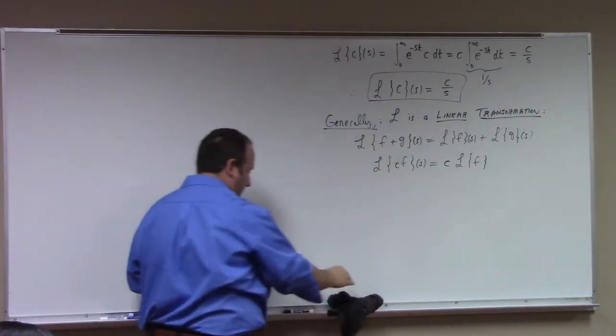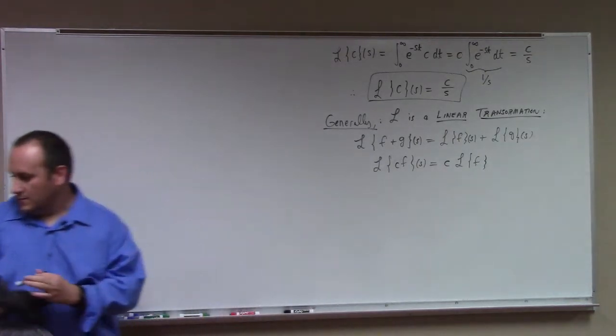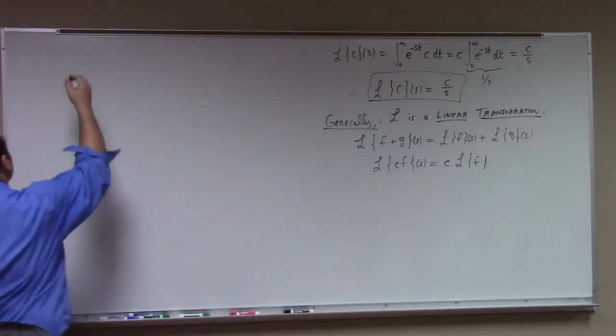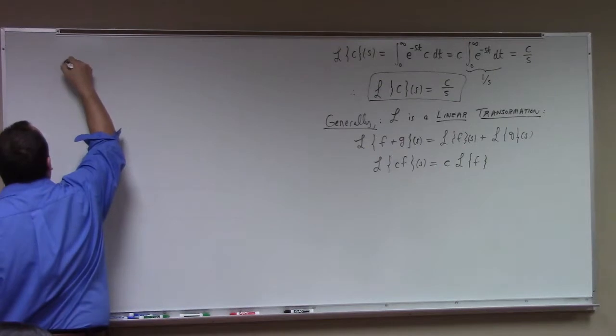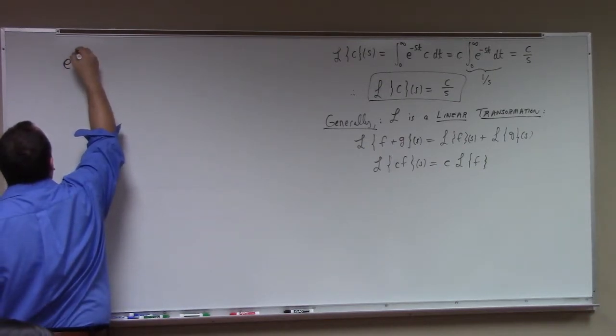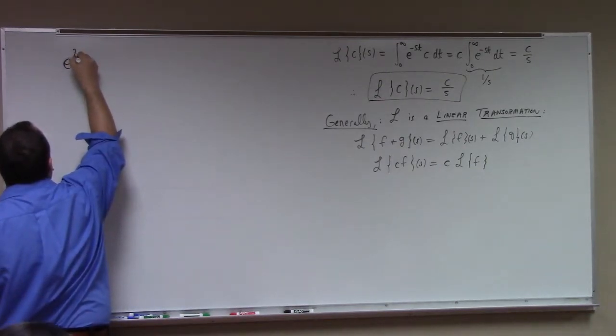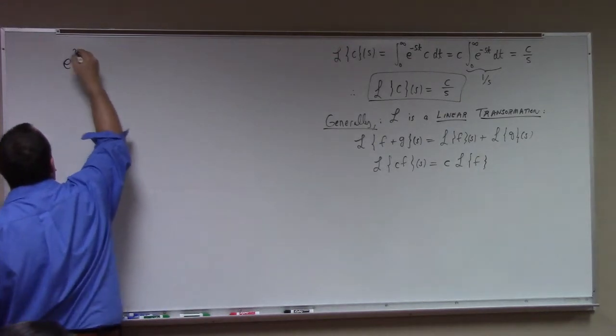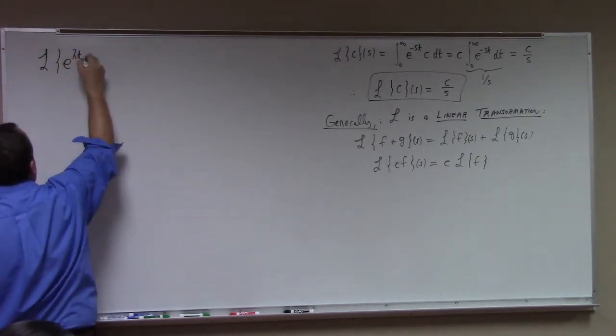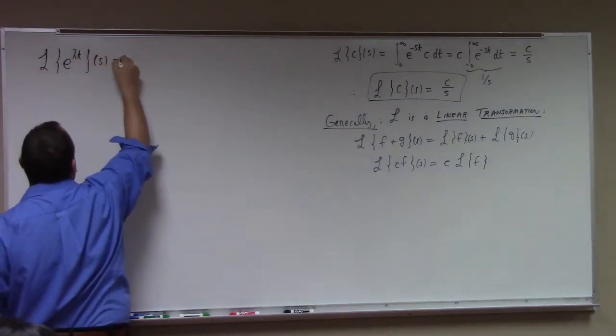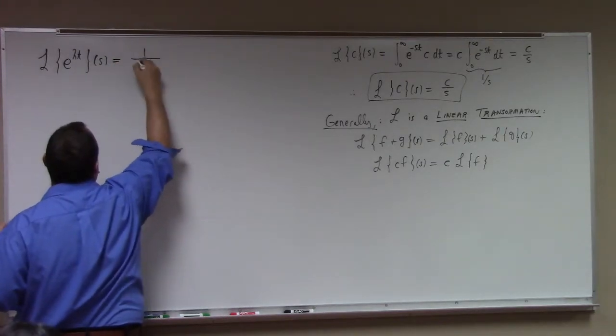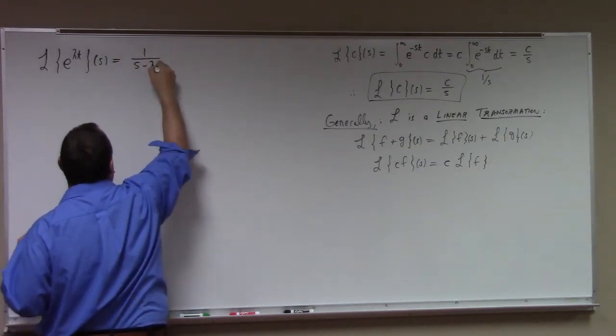So let's suppose that we have e to the, let's say, lambda t, and we calculate the Laplace transform of that. That's going to be 1 over s minus lambda.